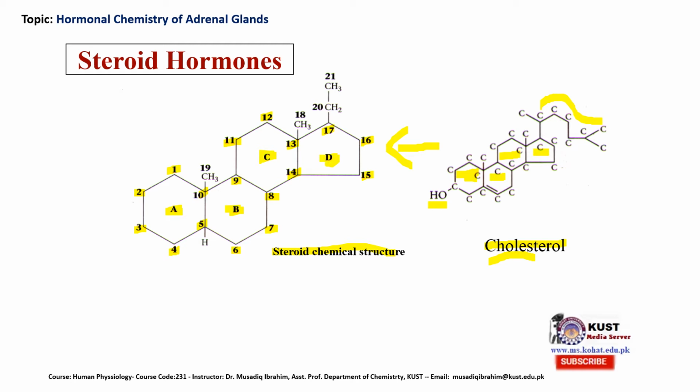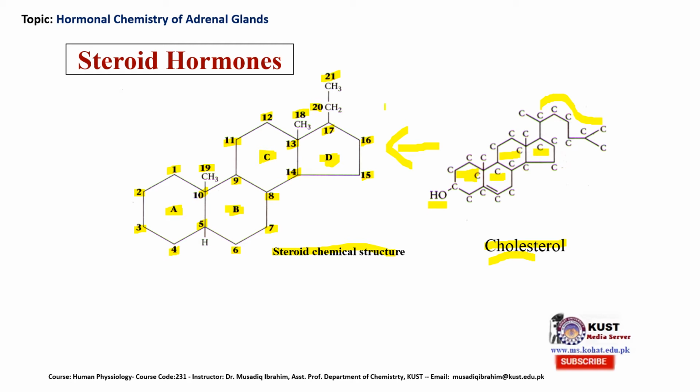And then after carbon 17 you have substituents attached as a methyl group at carbon number 18, and a methyl group at carbon number 19, and then at the 17 position you have substituents attached as carbon number 20 and carbon number 21.